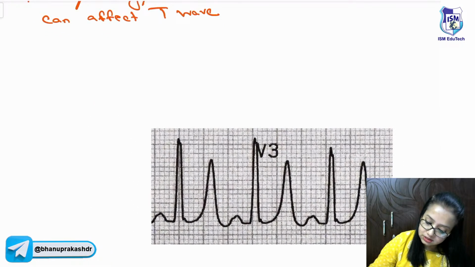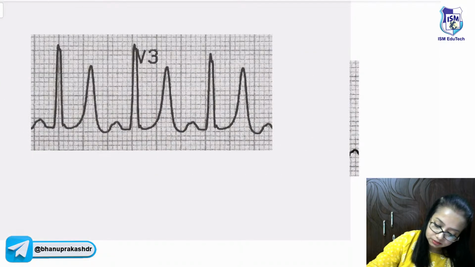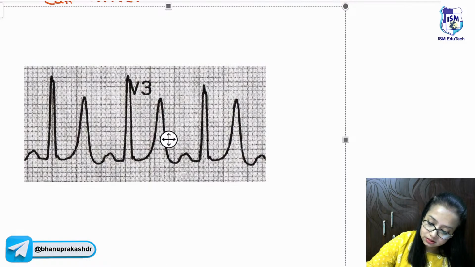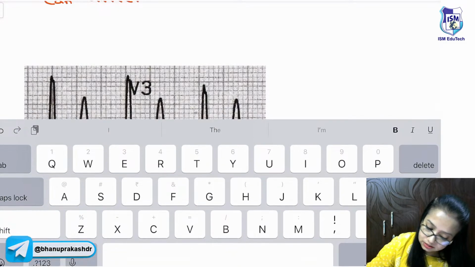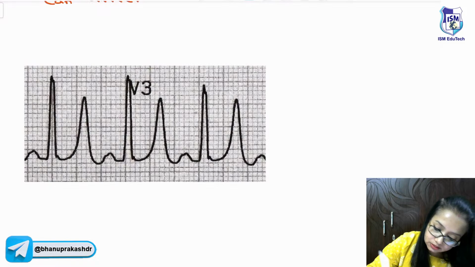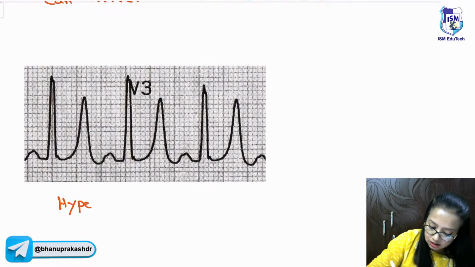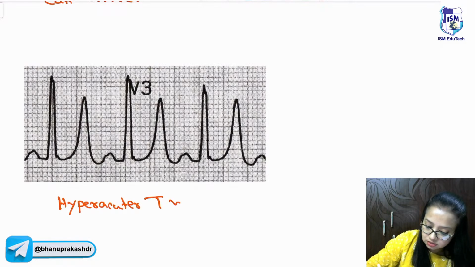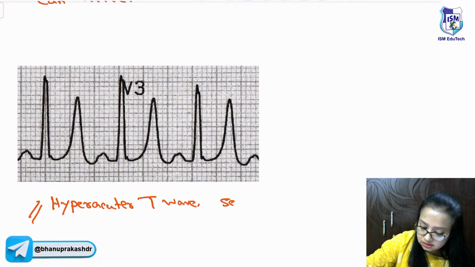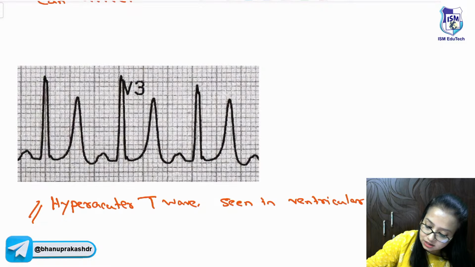So this is a hyperacute T wave seen in ventricular hypertrophy.